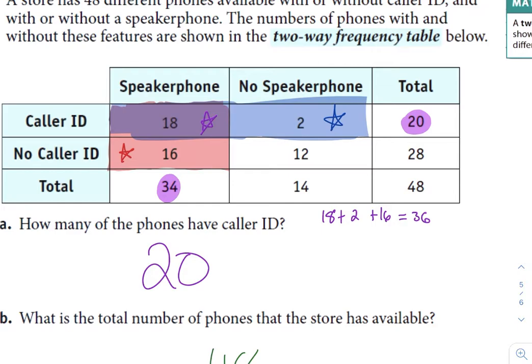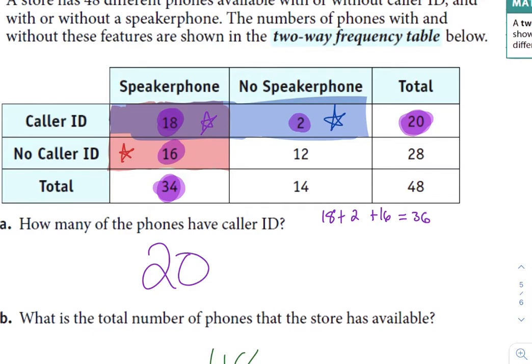And the reason that you can't add the totals is because if I add this total of 20 over here, then it was the 18 plus the 2 to make 20. And if I did the total of 34, it's the 18 and the 16 to make 34. Well, the problem is I've counted that 18 twice in this scenario. Right? So if you use the totals, anything that has both of what you're looking for, caller ID and speakerphone, is going to get counted twice.